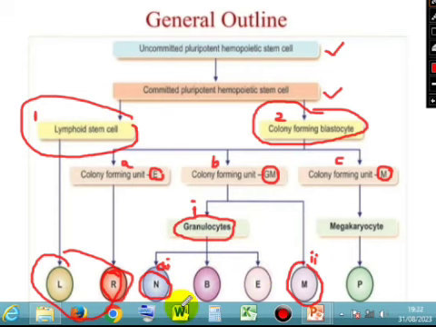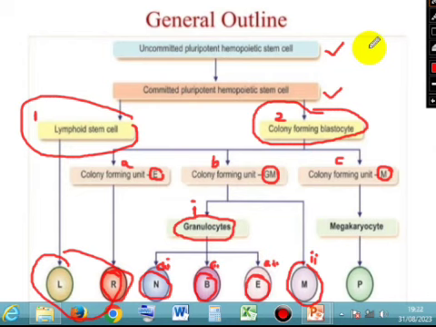The granulocytes will differentiate into three kinds, or simply put, there are three types of granulocytes. Okay? So let's call this A1, which means neutrophil. Neutrophils. So the granulocytes have three main kinds or types.